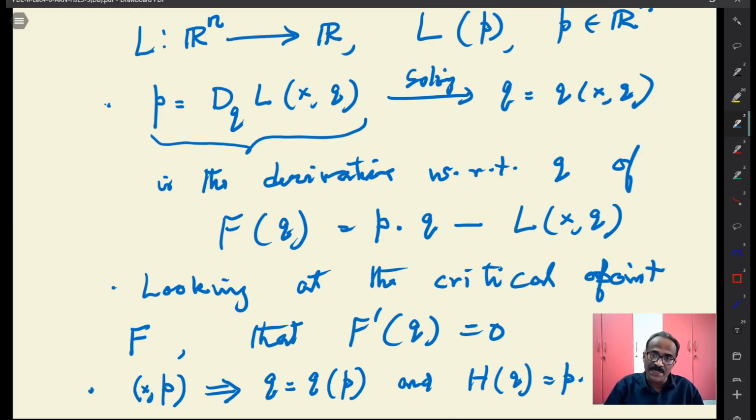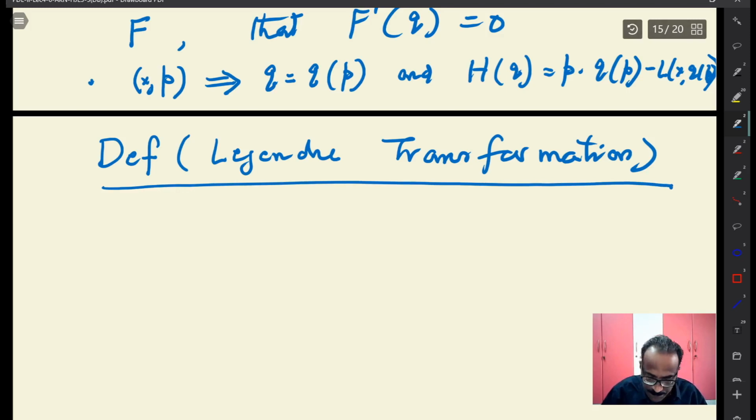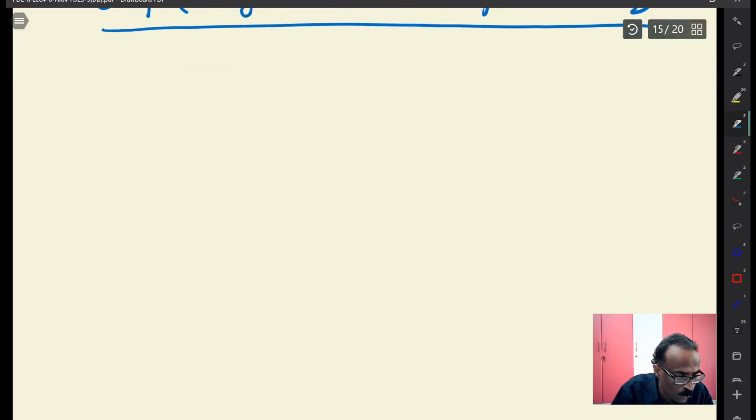It maximizes at Q equal to Q of P. That is how we have previously done, and this is exactly motivating us to define what a Legendre transformation is, which we will quickly define now. So let me do this one. Okay, L as above. Of course we are assuming L as above.